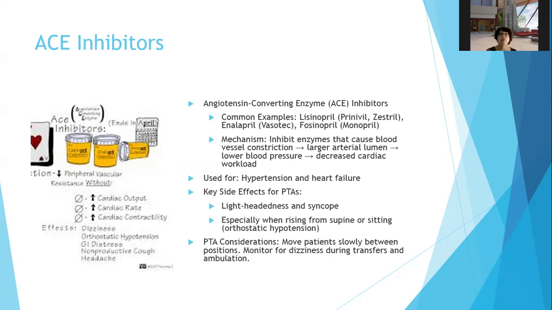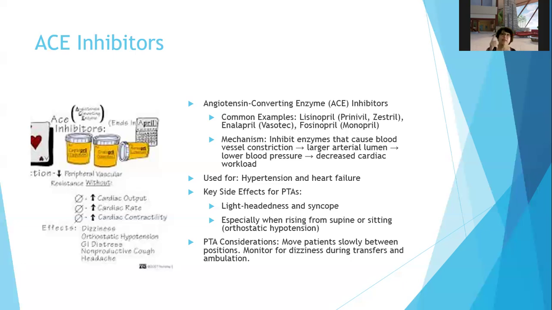So ACE inhibitors inhibit enzymes that cause blood vessel constriction. Normally, when our kidneys detect that blood pressure is going down, they release renin, which goes to the liver and converts angiotensin 1 to angiotensin 2 using the angiotensin converting enzyme. And angiotensin 2 increases blood volume and increases blood pressure.